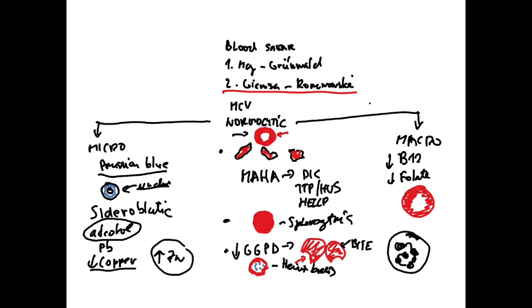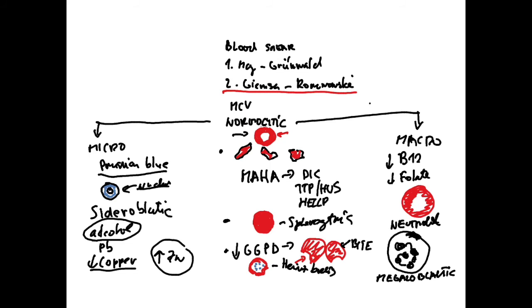So remember, more than 3, like 4, 5, 6, 7 segments. If a neutrophil has so many segments, and you have a big erythrocyte, it's very likely megaloblastic anemia.